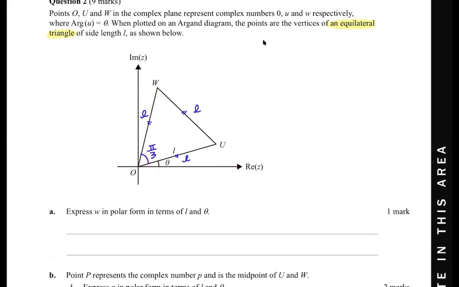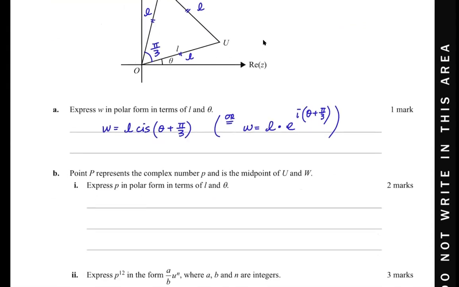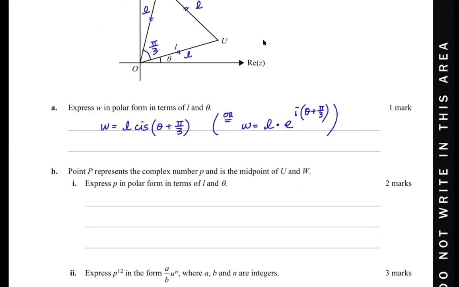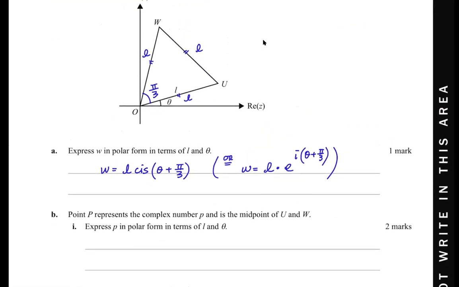So w equals L cis(theta plus pi on 3), okay? Alternatively, if you write it this way, w equals L times e to the power of i times (theta plus pi on 3). This is also a polar form. Point P represents the complex number p and is the midpoint of u and w.